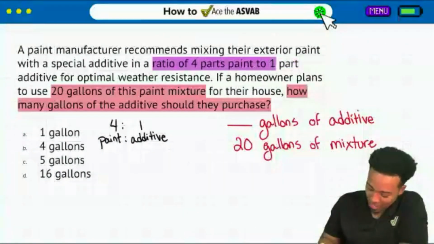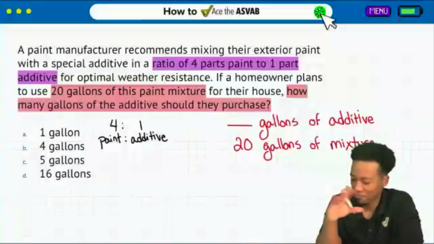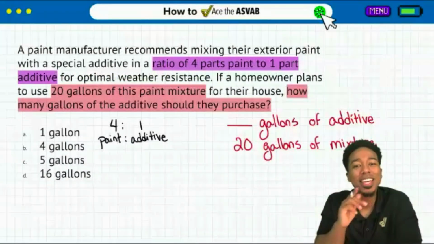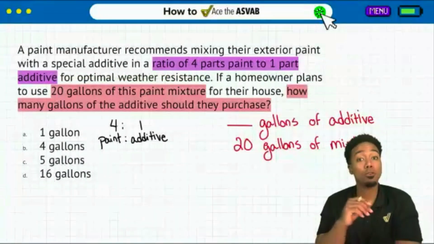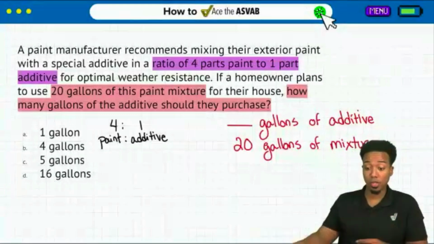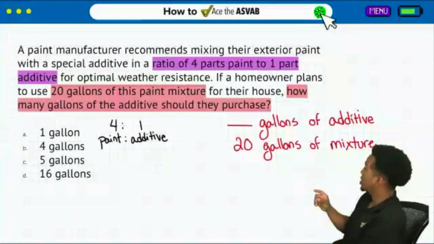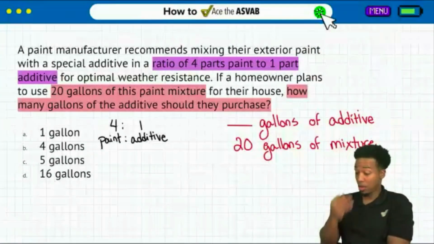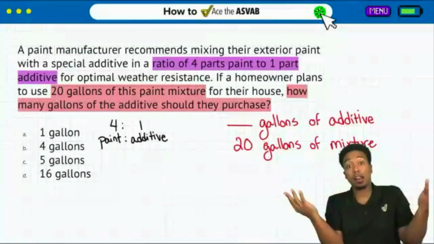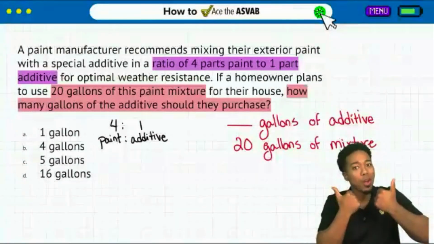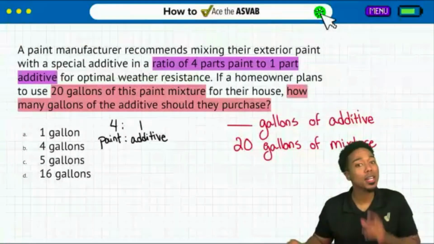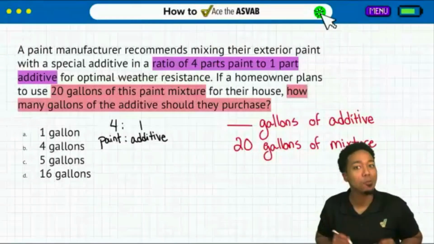Ratio 4 parts paint to 1 part additive for optimal weather resistance. Okay, cool. This is what's going to happen if you take the numbers that you have. Notice, you have 4, 1, 20, and then an unknown. You got 3 out of 4. A lot of people are going to think we're ready to write a proportion. And this might look like what you possibly did if you made a mistake.